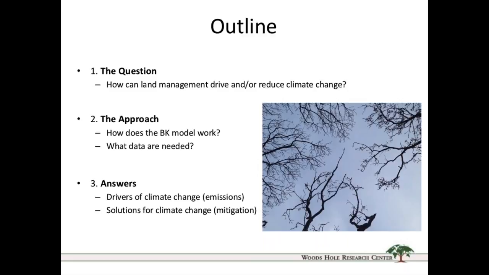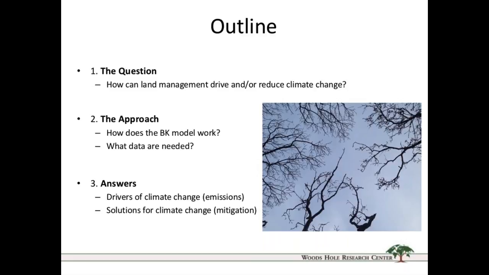So we're thinking in terms of both driving climate and solutions for climate change. Now, if we're serious about keeping the planet from warming 2 degrees or more, we are going to have to find negative emissions. We're going to have to find ways of taking carbon out of the atmosphere. So I'll have that perspective as I go through this talk.